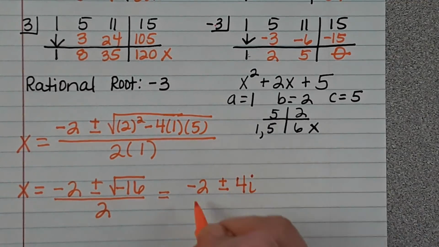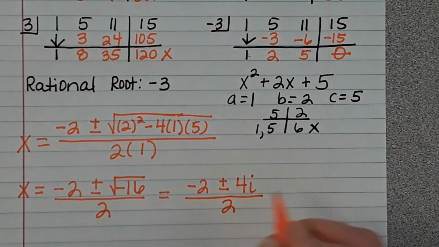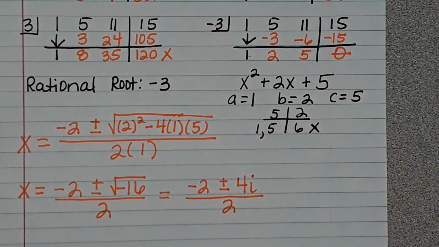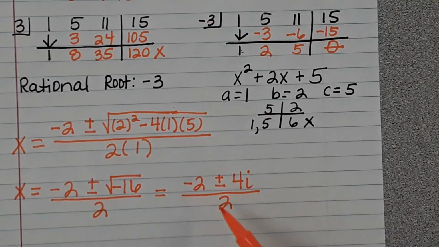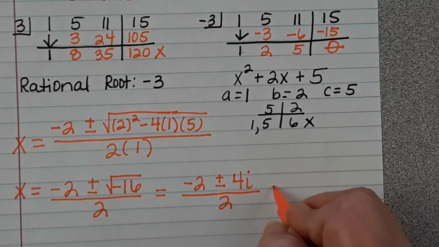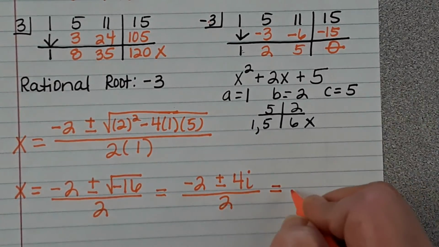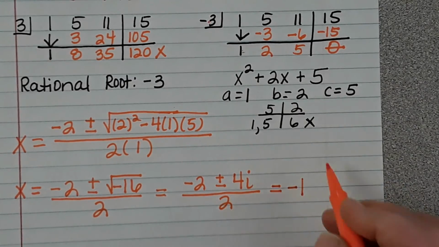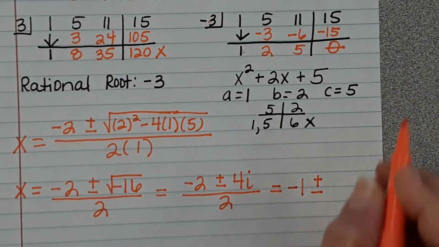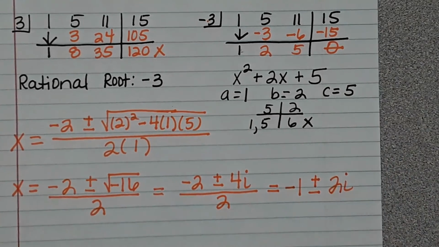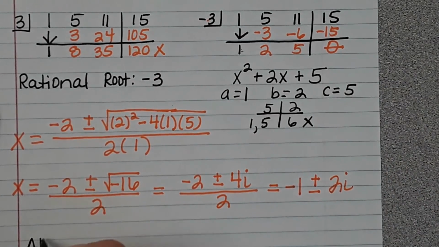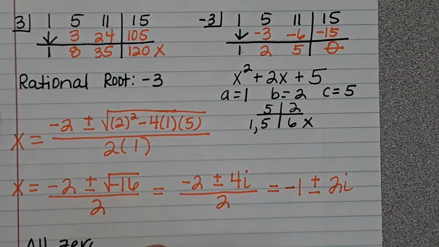You're going to put an i, and then you're going to put over 2. Now, can it be reduced? Now remember, the top has to be able to be reduced by the 2. Everything. So -2 divided by 2 is -1. 4i divided by 2 is 2i.